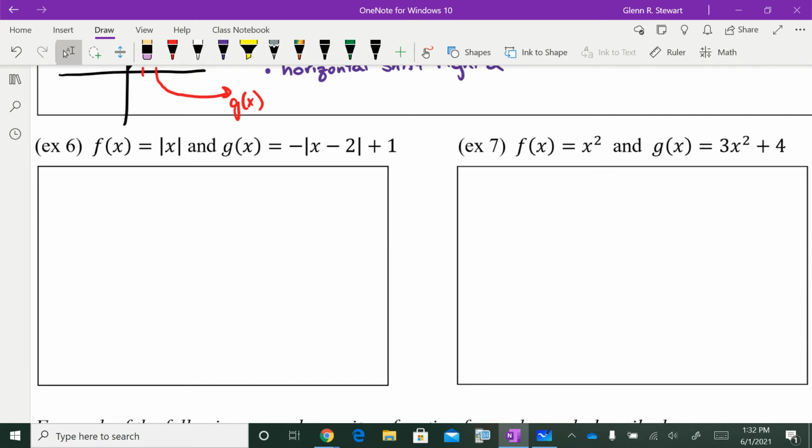And just put it all down. All right, coming back to this, notice that you've got a couple different changes here. The first one, hopefully you saw that that's on the outside. That is a vertical reflection. The 2 that's on the inside, that is a horizontal shift.